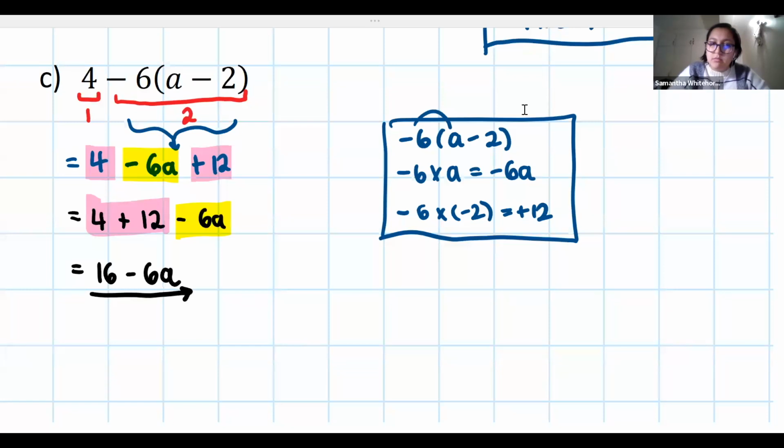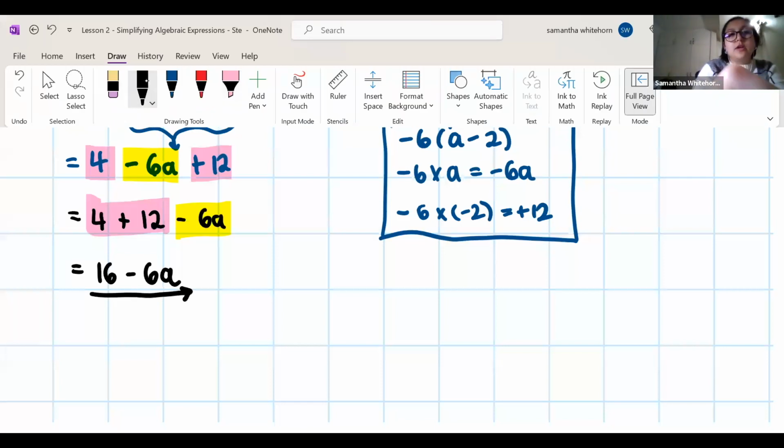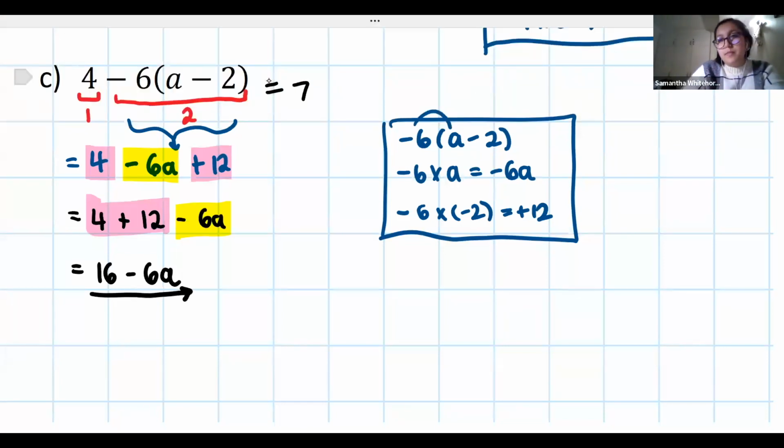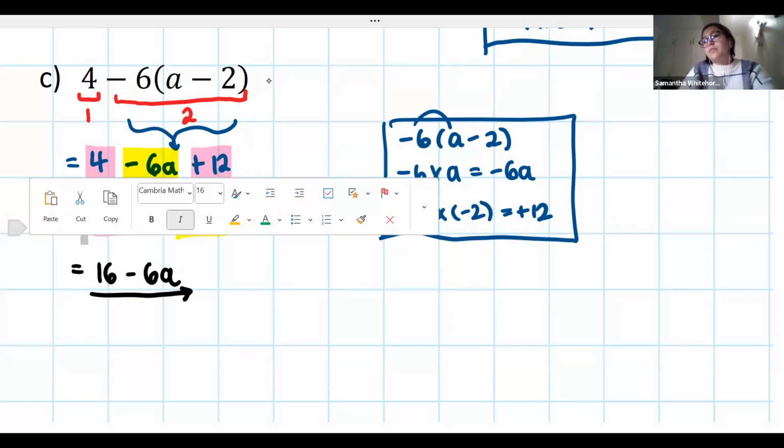So for example, if this said equals 7. Not really. Like if we said 4 minus 6 equals -2 in an algebraic equation, will you do it the same method as we do it in an algebraic expression?